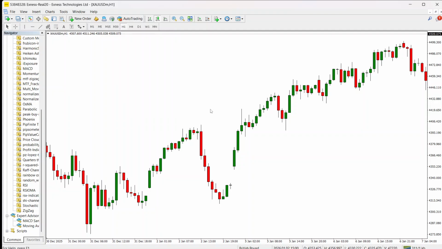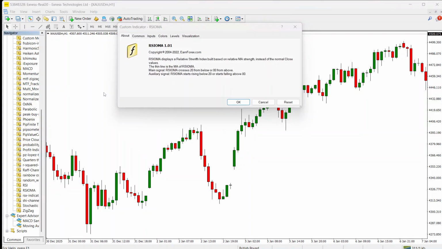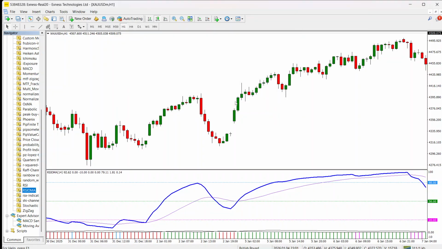The indicator typically consists of two lines: the RSI-OMA line representing core momentum, which is calculated from a moving average, and a signal line, which is a smoothed or moving average version of the RSI-OMA line, acting as confirmation. This approach filters out erratic price action and provides a clearer picture of the market's underlying strength or weakness compared to using RSI on raw price alone.